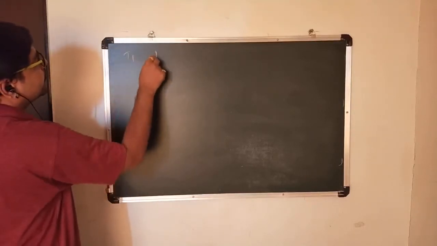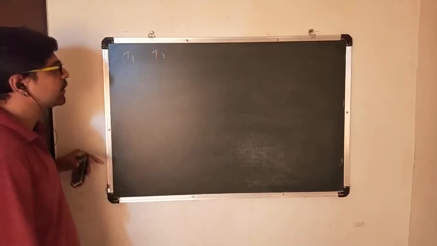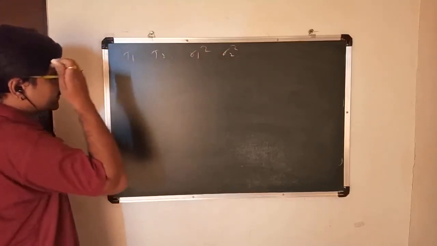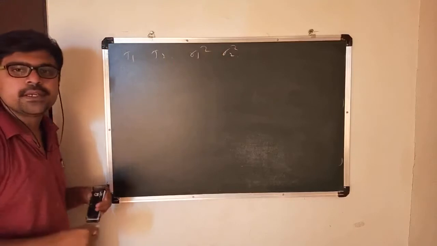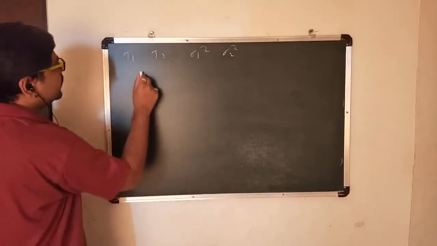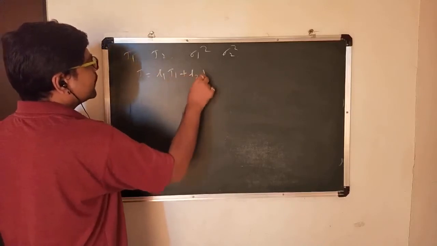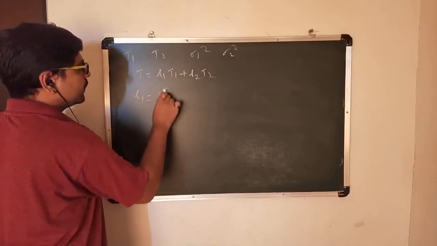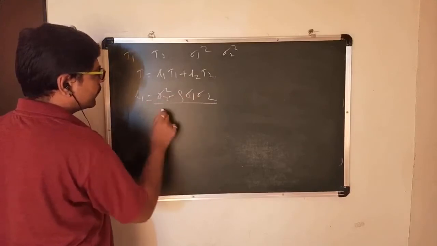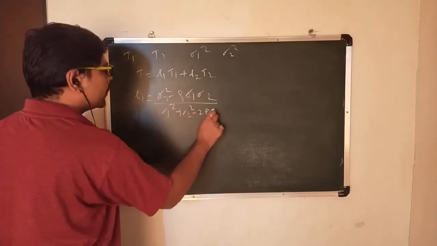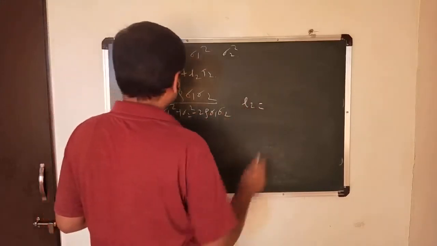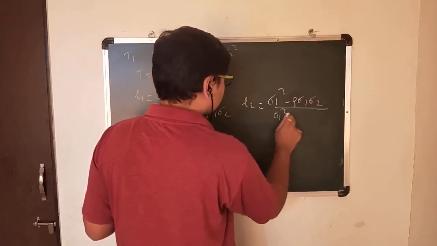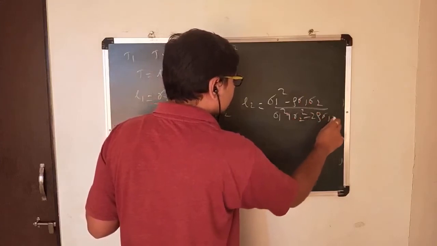If T1 and T2 are two unbiased estimators of theta, with variances sigma 1 square and sigma 2 square respectively, then the best linear combination having least variance, that is minimum variance, is T equal to L1 T1 plus L2 T2, where L1 is given by sigma 2 square minus rho sigma 1 sigma 2 divided by sigma 1 square plus sigma 2 square minus 2 rho sigma 1 sigma 2, and L2 is given by sigma 1 square minus rho sigma 1 sigma 2 divided by sigma 1 square plus sigma 2 square minus 2 rho sigma 1 sigma 2.